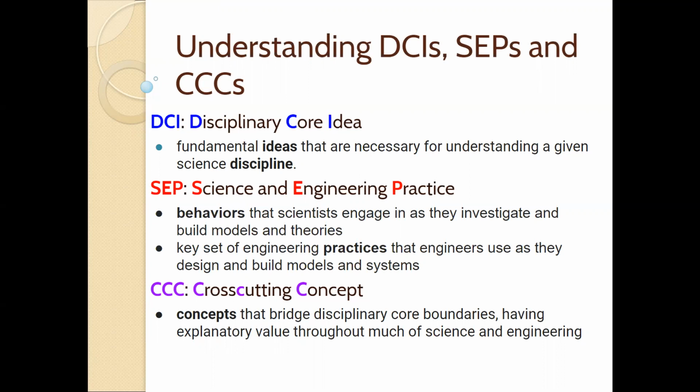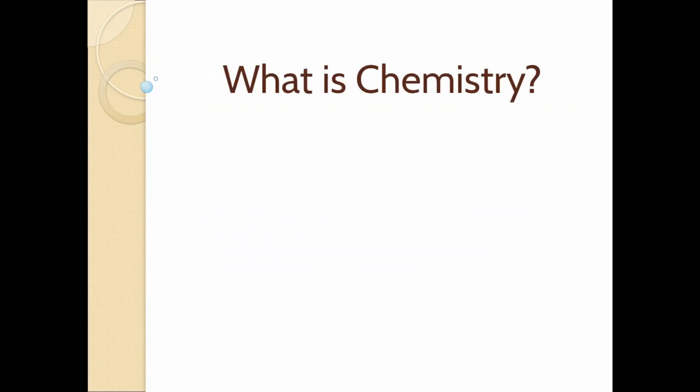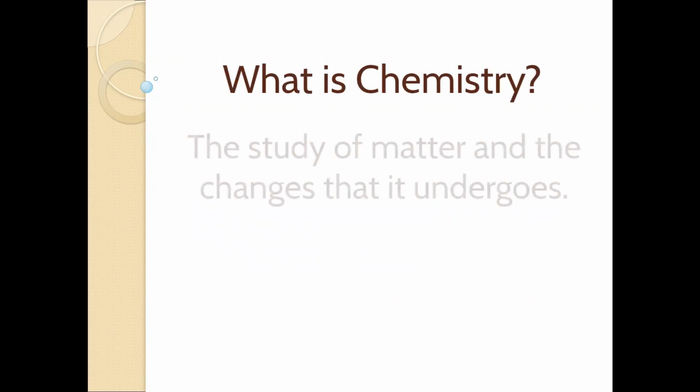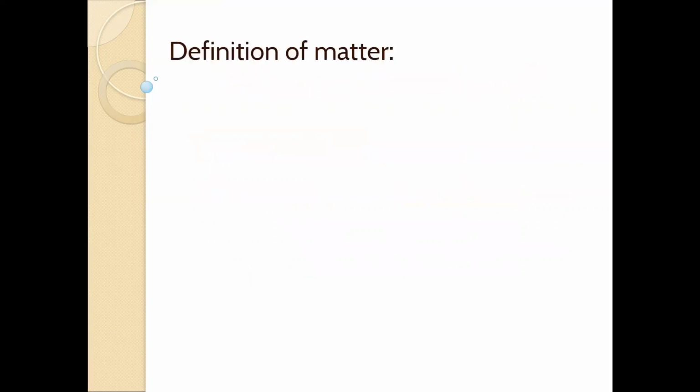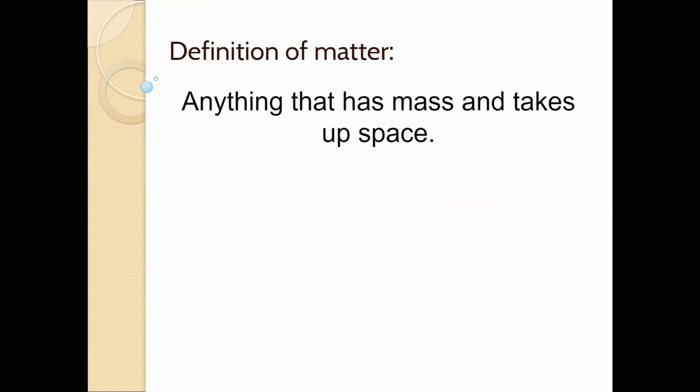All right, so let's get started with our actual content. What is chemistry? Chemistry is the study of matter and the changes that it undergoes. But to really understand what I mean by that, you have to understand what matter is in the first place. Matter is anything that has mass and takes up space. So you are made of matter.